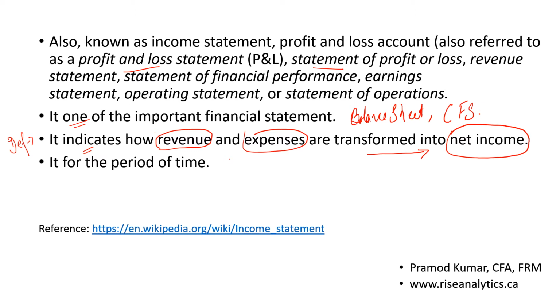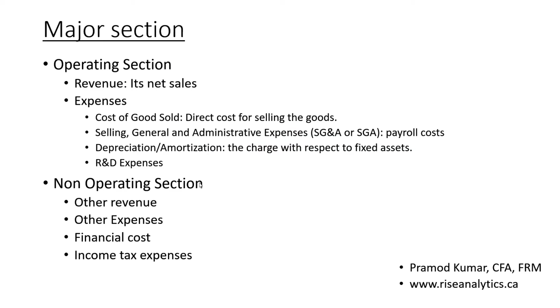But the balance sheet is only at a point in time, which we also see in the balance sheet section, but today we focus on this. And if you need to know more about the income statement, you can refer to Wikipedia. It's a pretty good example and definition of the income statement, and I'll use some of the text from there as well. So let's see what are the major sections of the income statement.